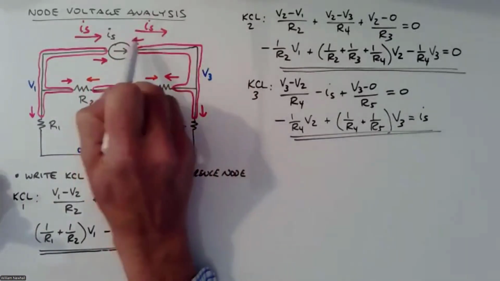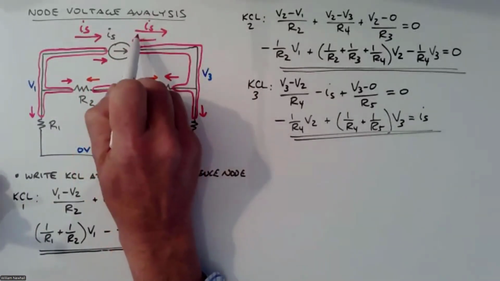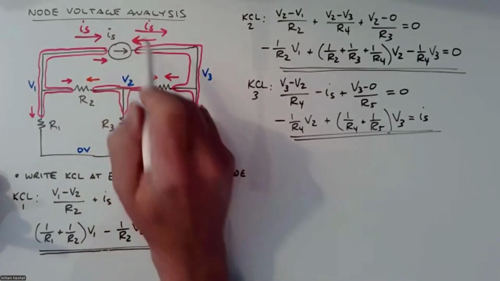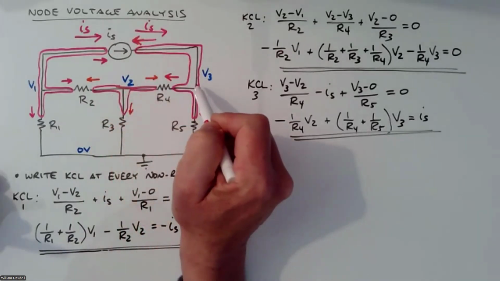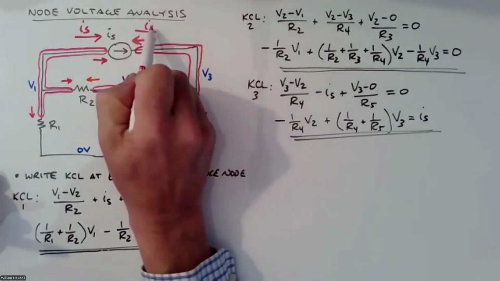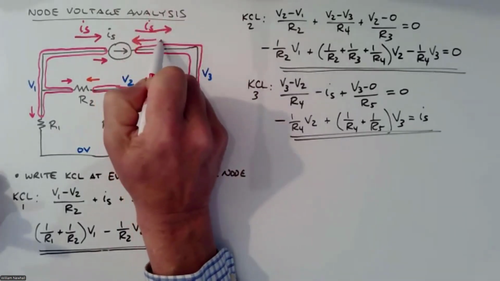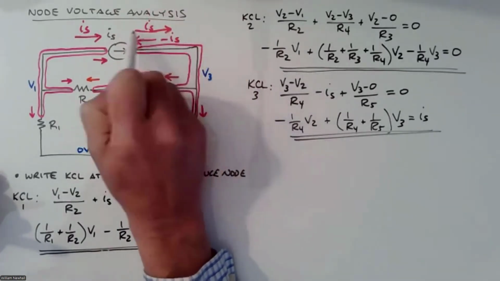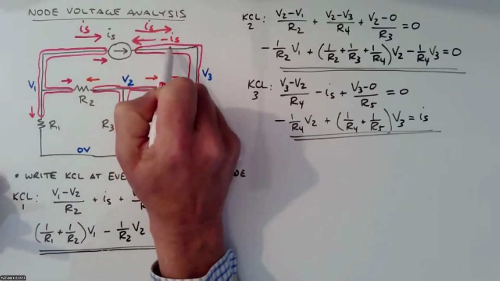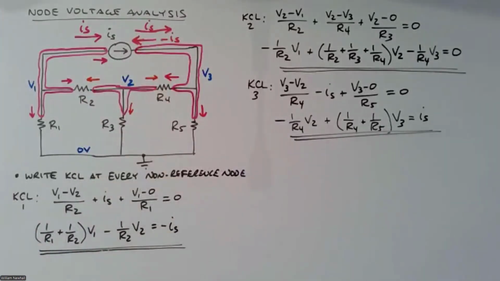And in this last equation, I was trying to figure out, well, what's the current leaving V3? And that current leaving V3 is negative IS. So if IS goes left to right, negative IS goes right to left. And I wanted the current leaving that node, not entering that node. Yep.